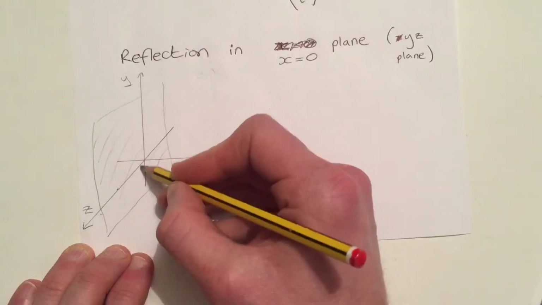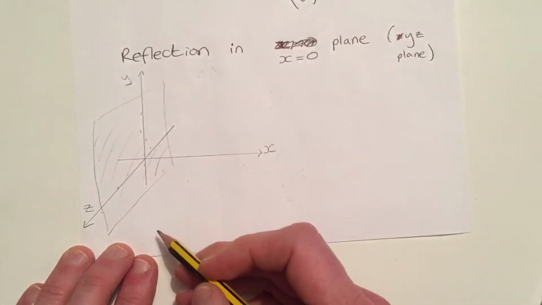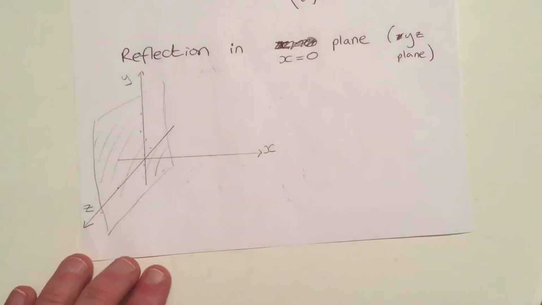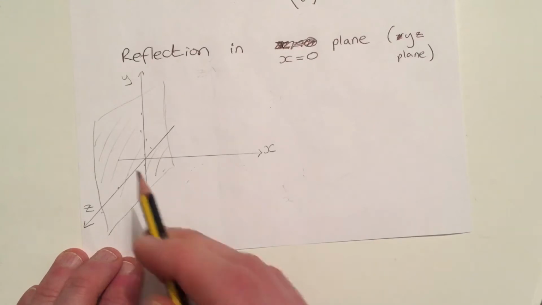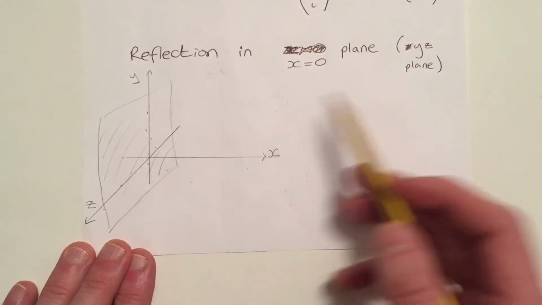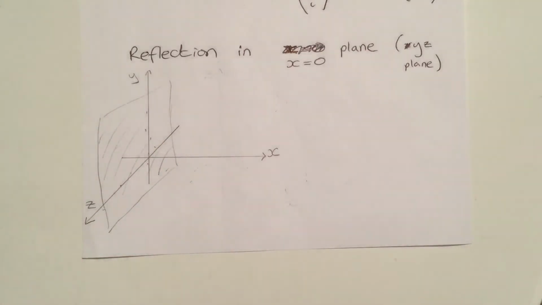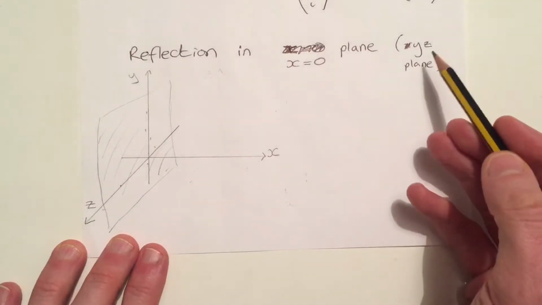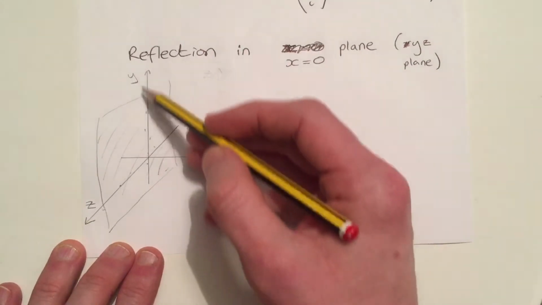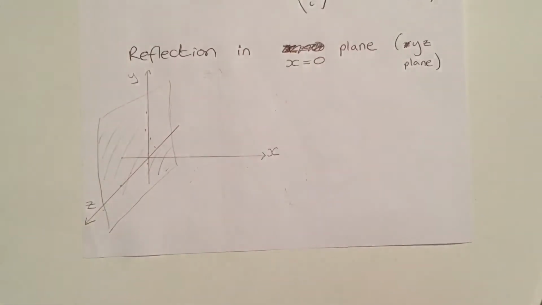Every point here is where x equals 0. It's quite difficult to represent in 2 dimensions on this sheet of paper, but hopefully that's clear what I'm talking about. And that's why this plane here, the x equals 0, can also be referred to as the YZ plane. The YZ plane. So this bit here.